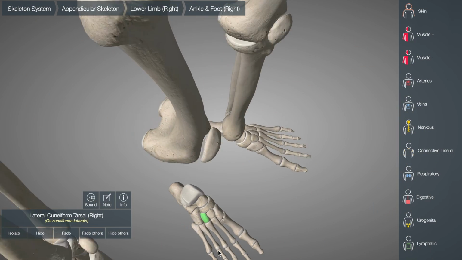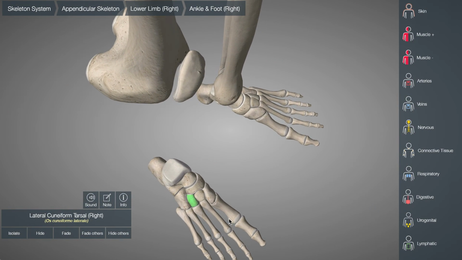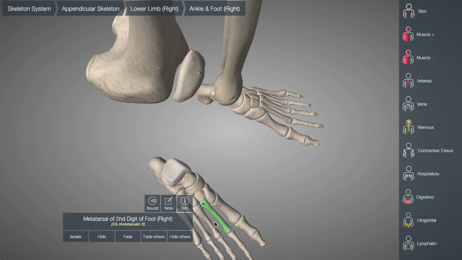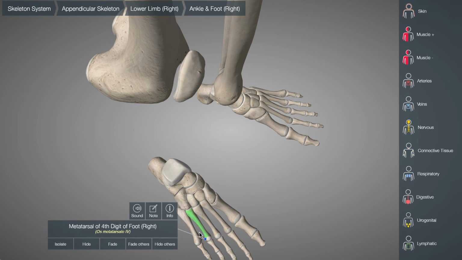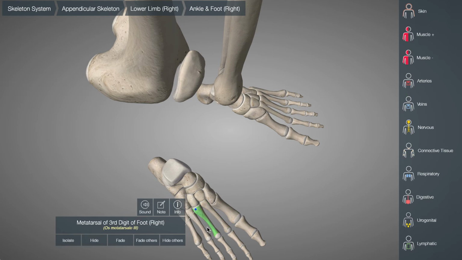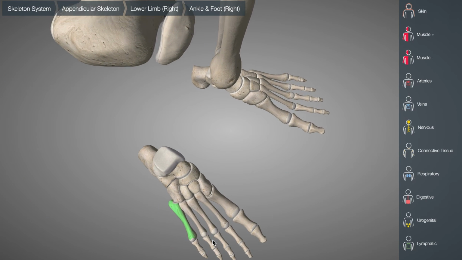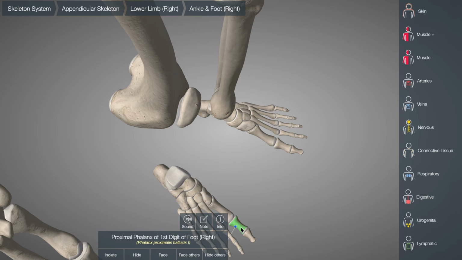Just like we saw on the hand, we also have metatarsals. So we have 5 of them, starting at our first digit, so our big toe, 1, 2, 3, 4, 5. And just like our hands, we also have a proximal and distal phalanx for the big toe.